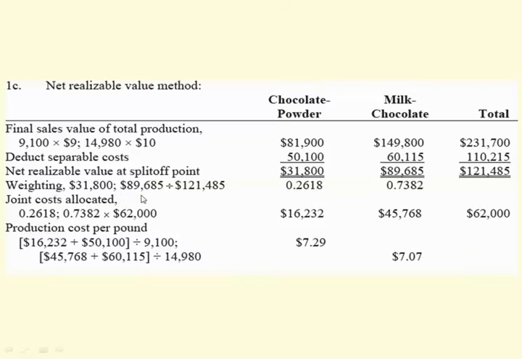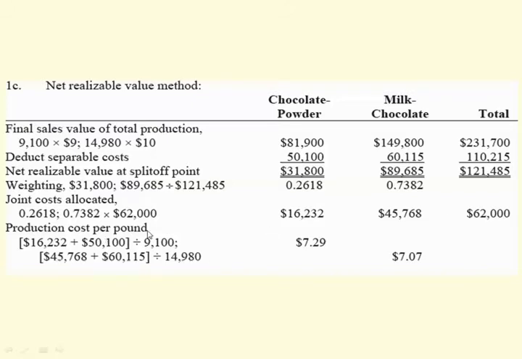Allocating joint cost based on these weights, 62,000 multiplied by this weight equals 16,232, and here 62,000 multiplied by 0.7382 will result in 45,768, and the sum of the allocated joint cost for chocolate powder and milk chocolate must equal 62,000.